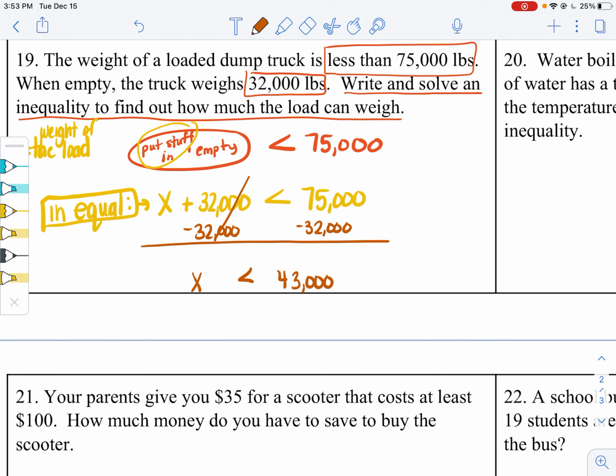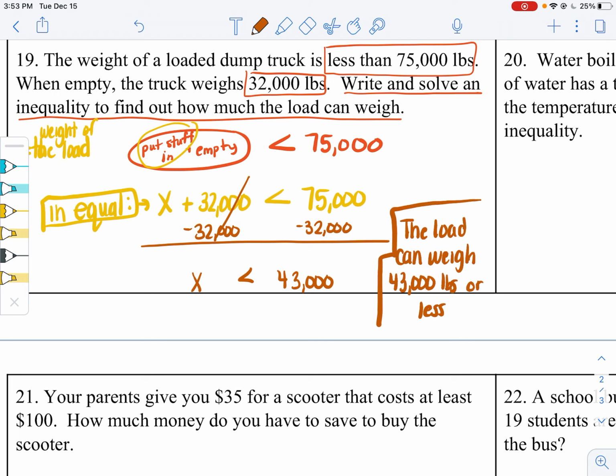So our final answer here is the load can weigh 43,000 pounds or less, because it doesn't have to be 43,000 pounds. The chances of it being exact is probably slim, but it could be less than that. Anything less than that, it could be decimal pounds, okay?